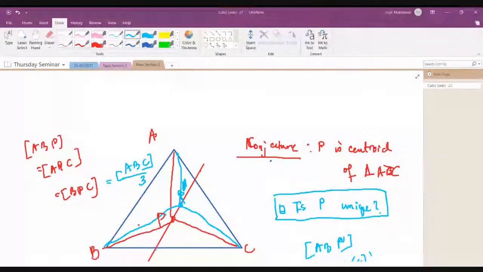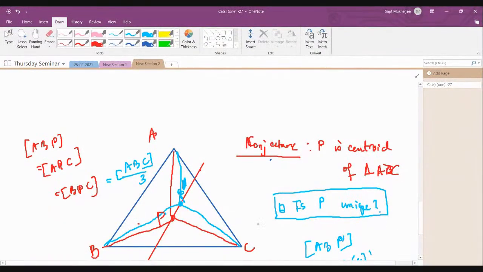So P and P dash must be equal. Yes, that's the beautiful aspect of this problem. So understand this. If P dash is parallel to AB, it must cut the line BC. And if it must cut the line BC, it means that P dash can never be parallel to BC. But we want P dash to be parallel to BC.